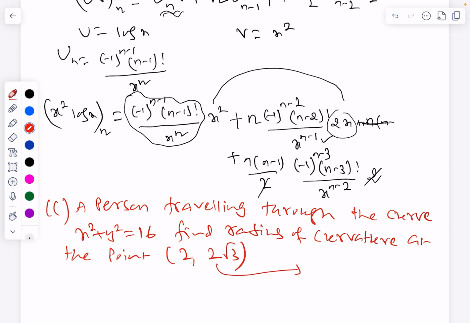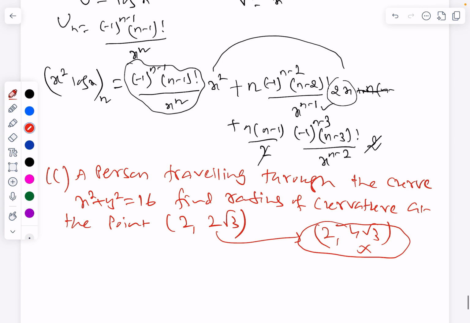In the exam paper it is given 2 comma 4 root 3, but that is a printing mistake, because that point is not on the curve. So let us consider 2 comma 2 root 3.